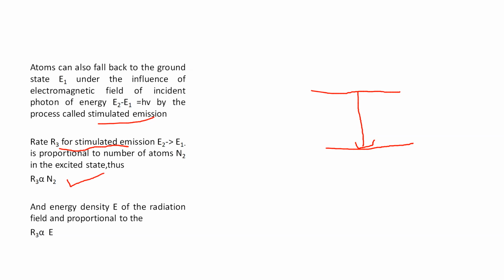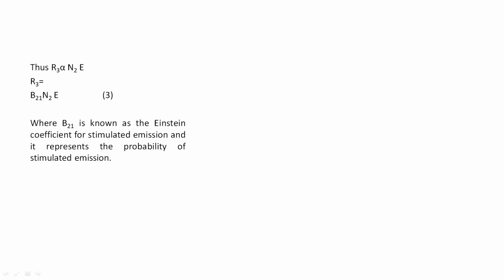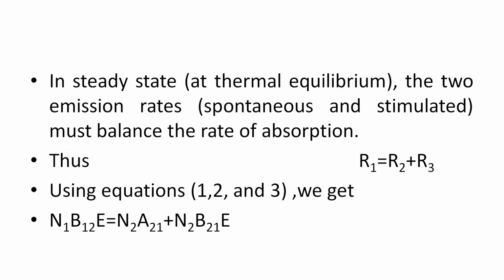R3 is proportional to N2, and R3 is also proportional to E, that is the energy provided to the electrons present in state E2. So R3 is proportional to N2 into E, or R3 equals B21 N2 E, where B21 is known as Einstein's coefficient for stimulated emission, and it represents the probability of stimulated emission.